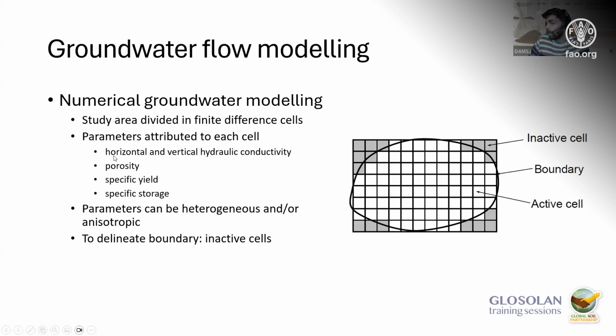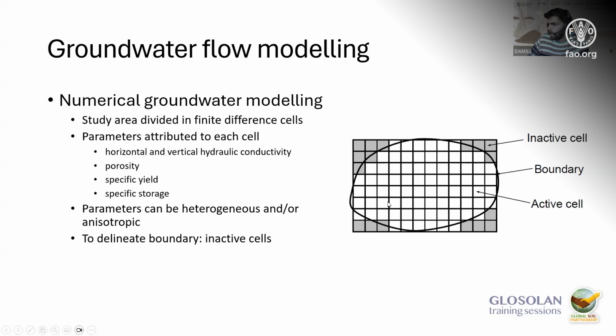For the groundwater flow model, these are the hydraulic conductivities that we just talked about, both in the horizontal and in the vertical direction. The porosity, effective porosity, is mainly of interest, the specific yield, and the specific storage, so the storativity terms. These parameters can be homogeneous or heterogeneous as you want.